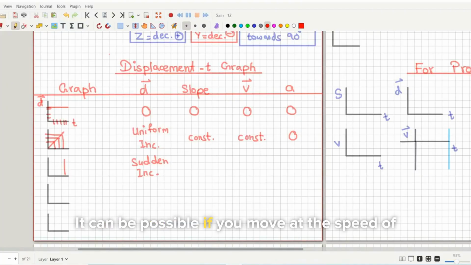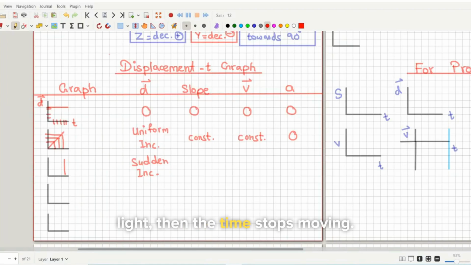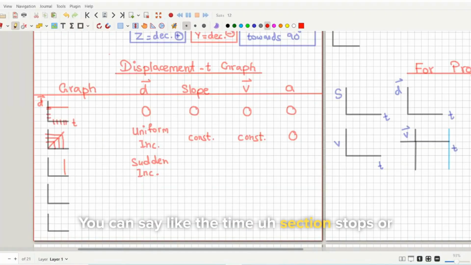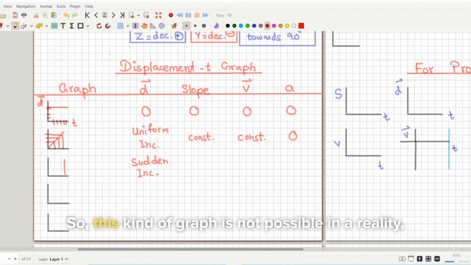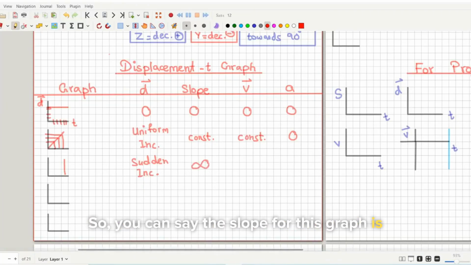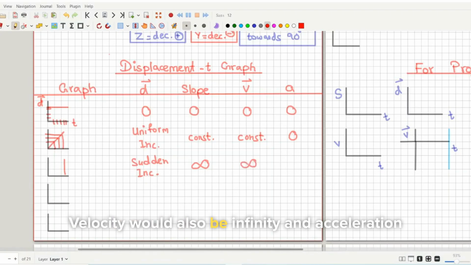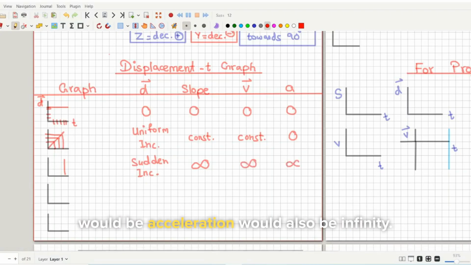It could be possible if you move at the speed of light. For example, when you move at the speed of light, then time stops moving, or you can say time delays out. So this kind of graph is not possible in reality, but I just wanted to discuss it here. So you can say the slope for this graph is infinity, velocity would also be infinity, and acceleration would also be infinity.